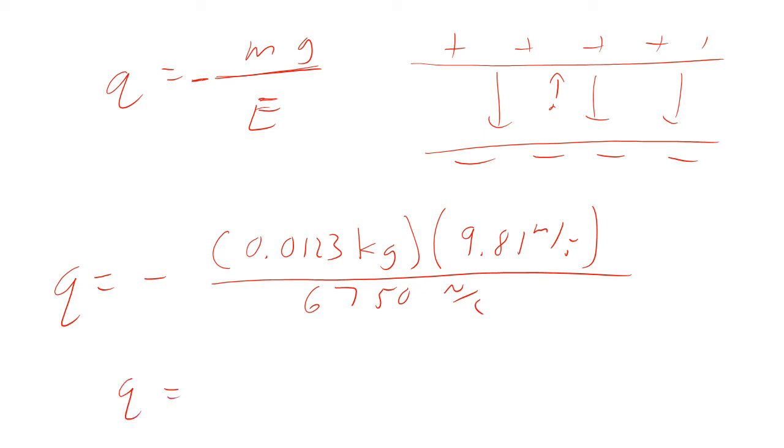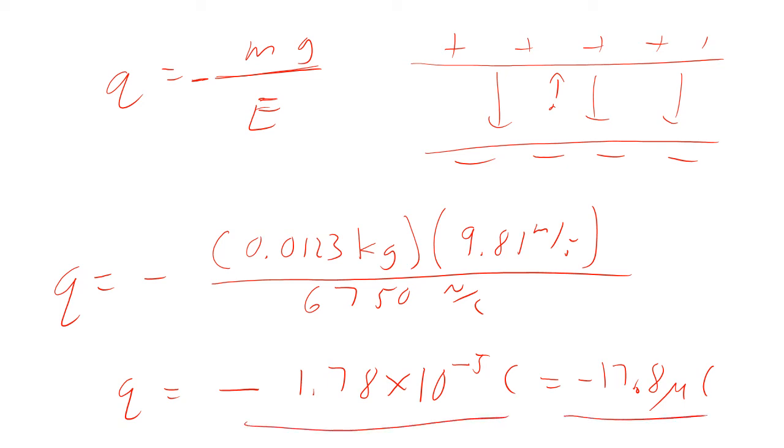So Q comes out to be a negative 1.78 times 10 to the minus 5 coulombs, or you could write that as minus 17.8 microcoulombs. Obviously, I would take either one of those because they're both actually correct.